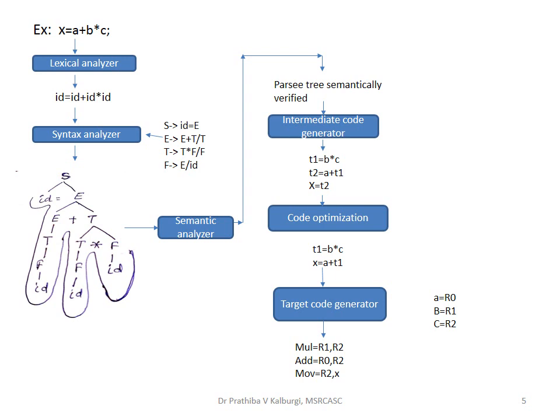Similarly, the term derives term into factor, and the term again derives the factor, and then the factor finally derives the identifier. So here we match the pattern with the expression, and these are the rules which are used by the syntax analyzer.